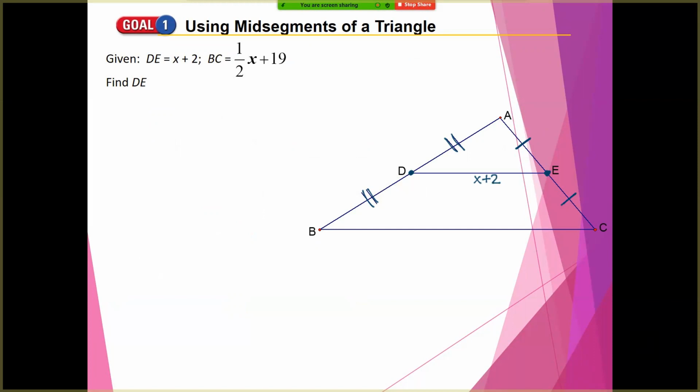And then BC is 1/2 X plus 19. We're being asked to find DE, which first means we have to figure out what X is. So to figure out what X is, I'm going to start with 2 times my mid-segment.